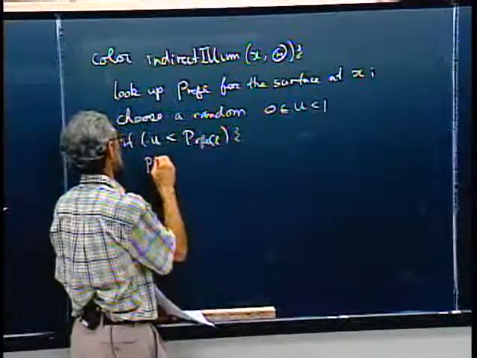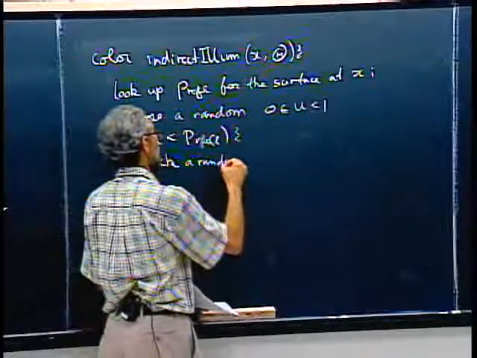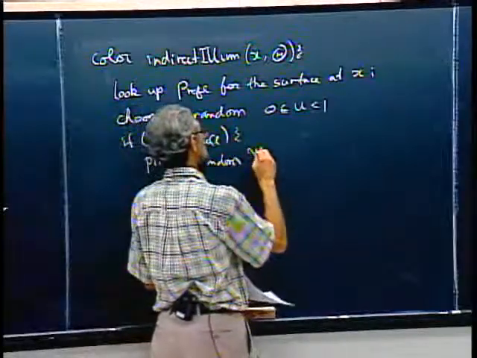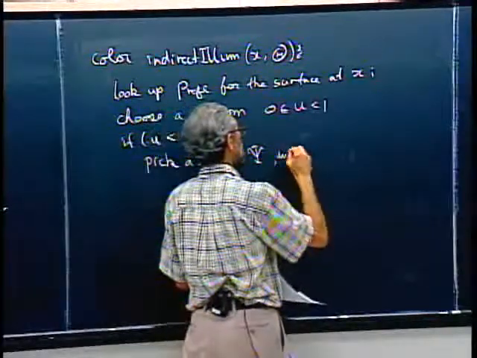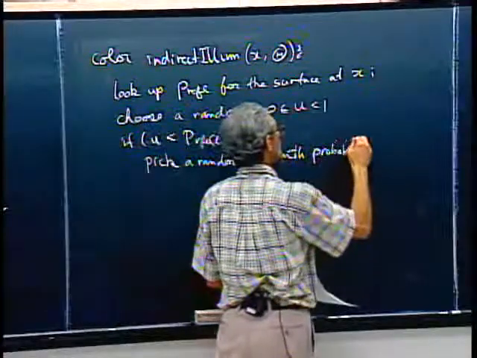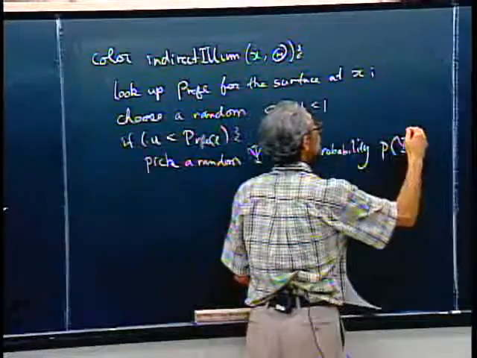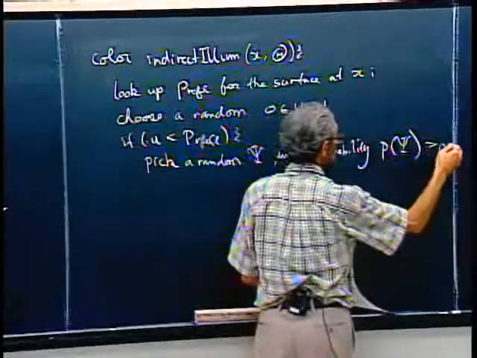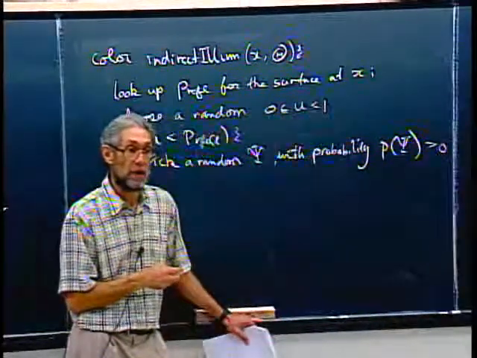So then pick a random direction psi with probability P of psi, and for all possible psi's on the hemisphere, P of psi always has to be greater than 0. Otherwise, you won't get an accurate estimate of the integral.